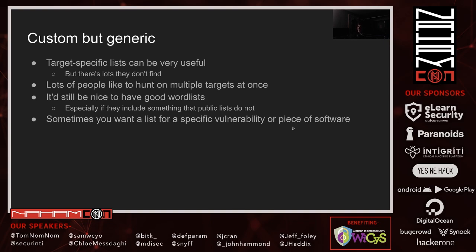And also, sometimes you want to look for a specific vulnerability. Maybe you just found a 0 day in something and you want information to build a word list to go off and look for it in lots of places. Those are legitimate use cases that those generic pre-baked word lists often don't cover.